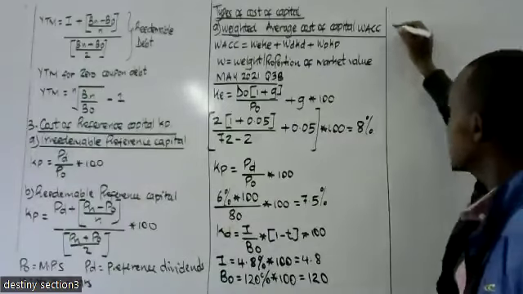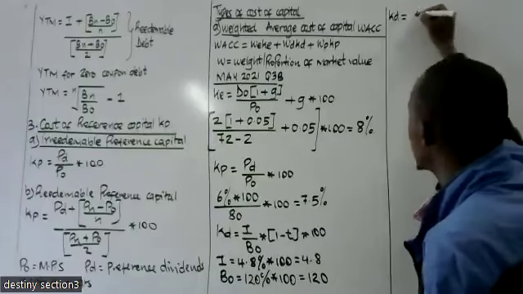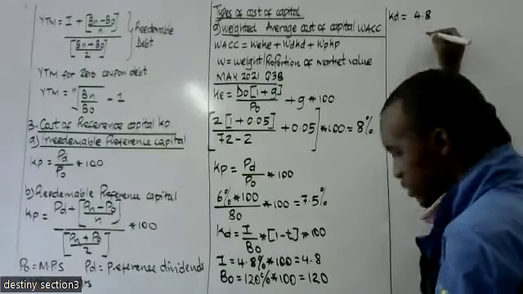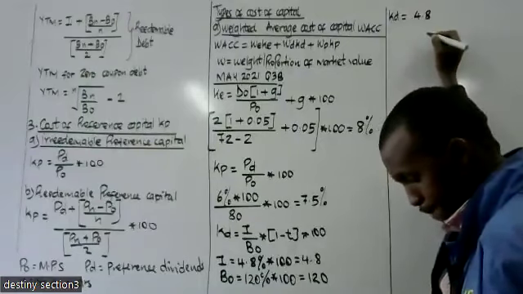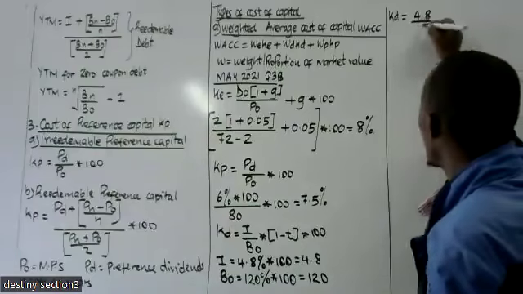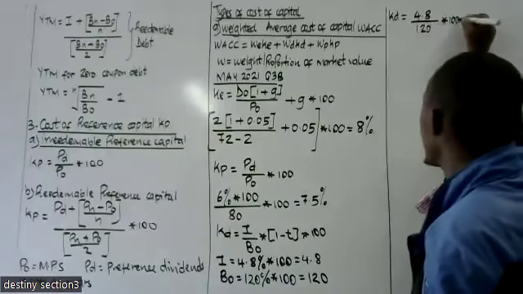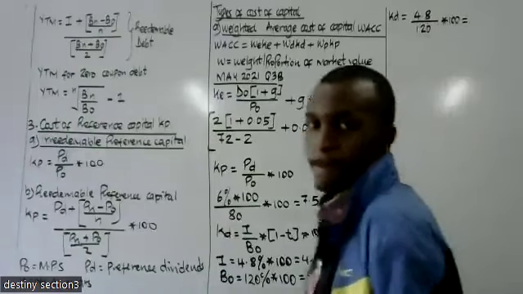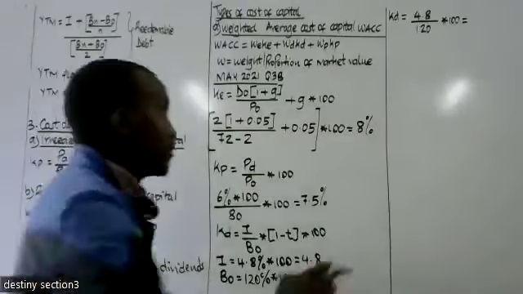What is the cost of debt? 4.8 over 120. Remember, we are going to tax it.